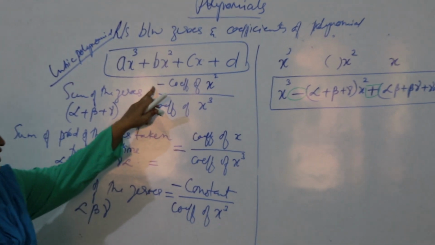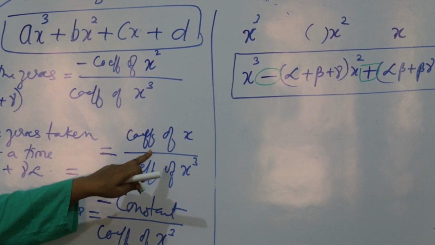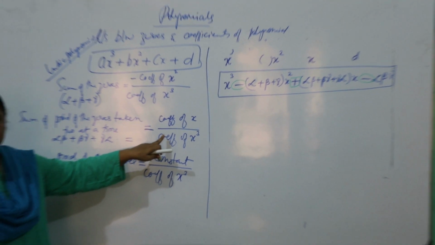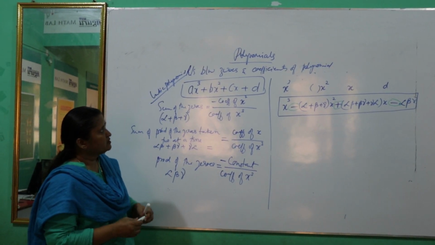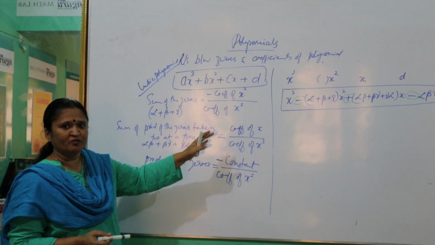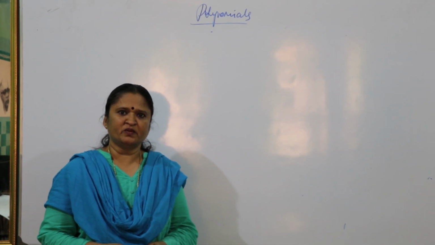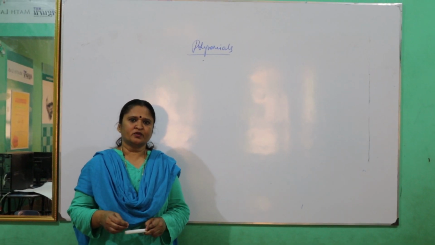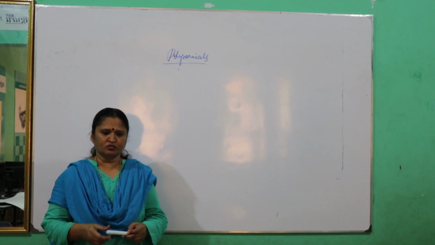Minus, minus, plus. The coefficient of x has got plus to do with it. Right? So this is the relationship between coefficients and zeros of a polynomial. Now let's understand how we can use the relationship between the coefficients and the zeros in solving problems. I'll just show an example of one or two problems.